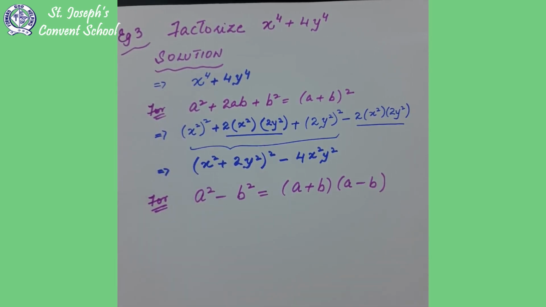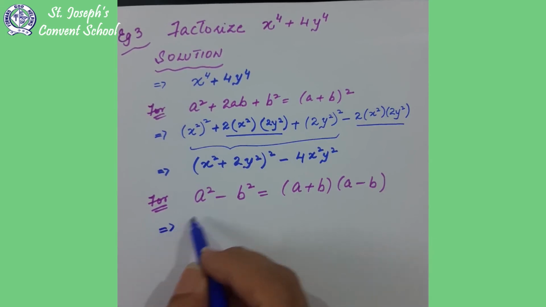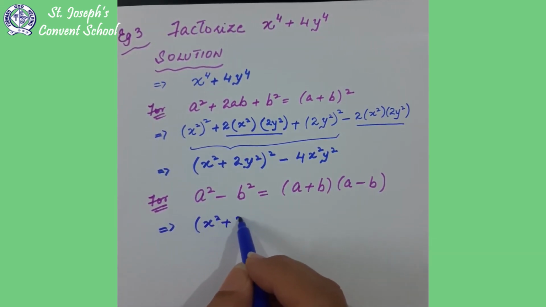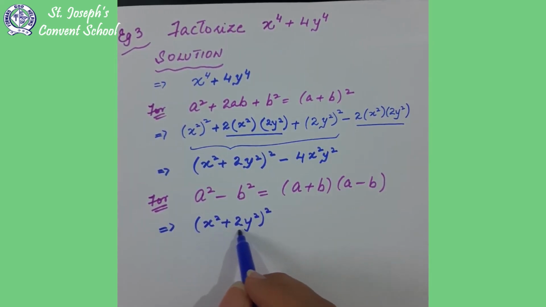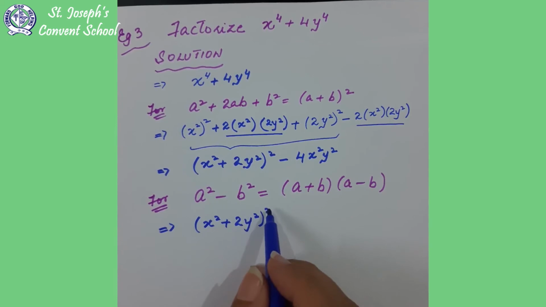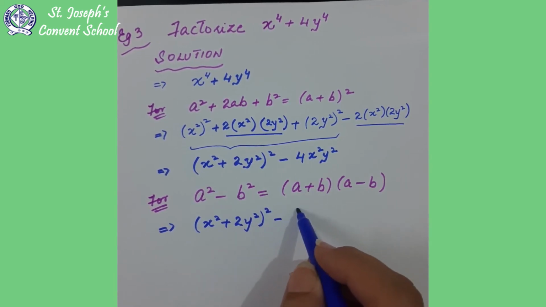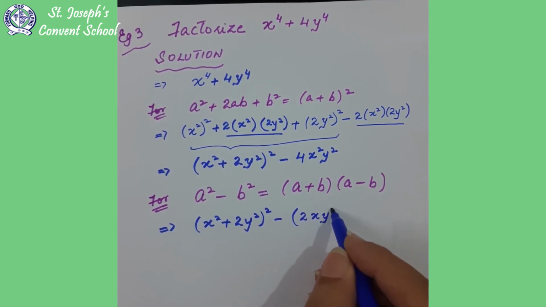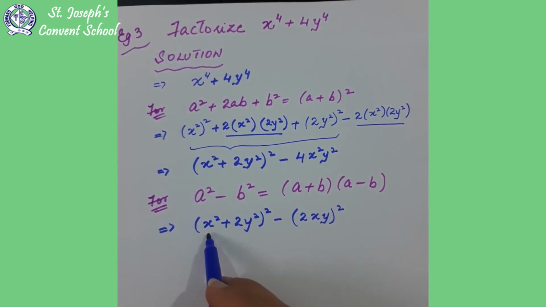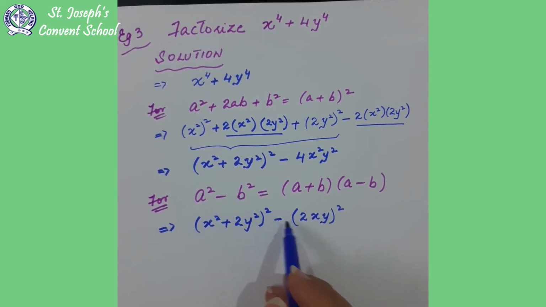So change it according to this form. x square plus 2y square the whole square, this whole bracket is a square. Minus b square means root of this term, so root is 2xy the whole square. So now this is a square minus b square equals a plus b.